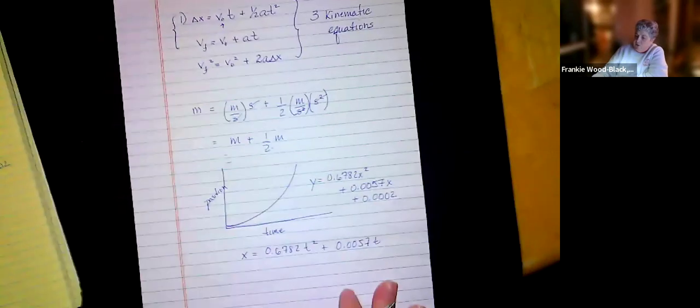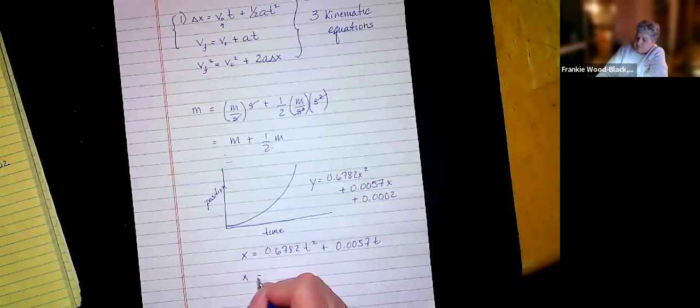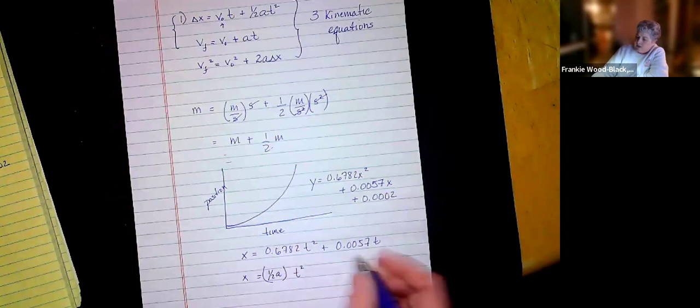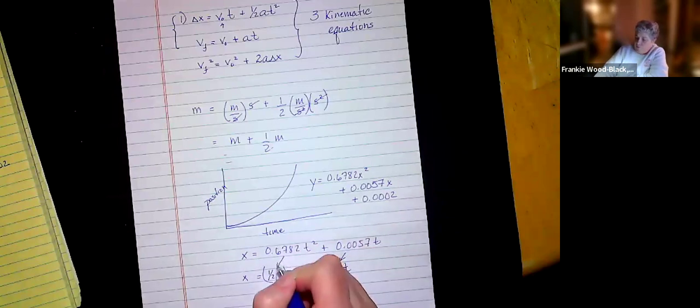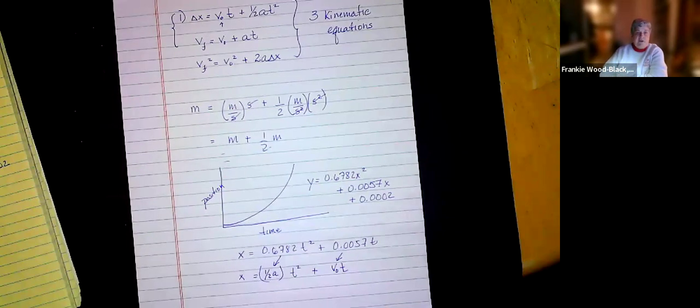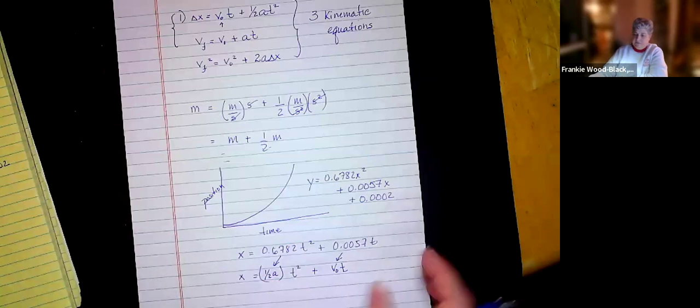Let's look at my first equation. I have position. I have 1/2 acceleration times time squared, and I have initial velocity times time. Well, there's my initial velocity, and that's 1/2 my acceleration. I can read it right off of my graph because this is modeling that particular equation.